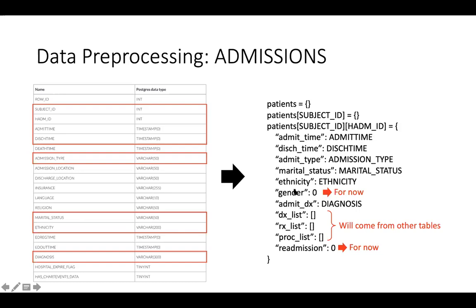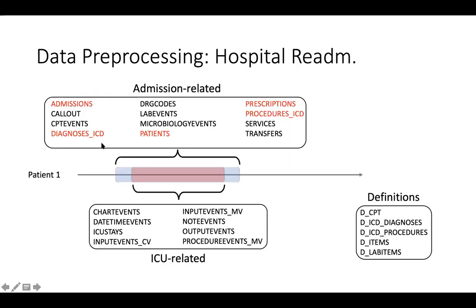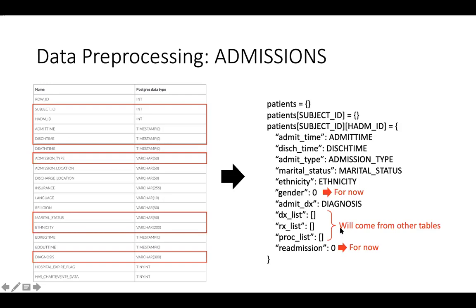But gender, something that I want to use as a feature for predicting hospital readmission, is not in here. So we're going to find where gender is on the next page. And as I said, we want to use diagnosis, procedures and prescriptions, so we need to prepare lists to store that information.